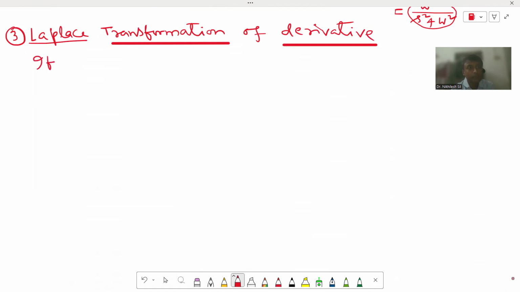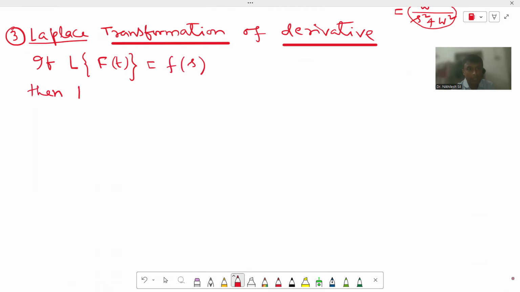If Laplace of f(t) exists, that means L of f(t) equal to F(s), then, I am not going into the details of the theorem, I am just writing the formula. Laplace of f(t) equal to F(s).